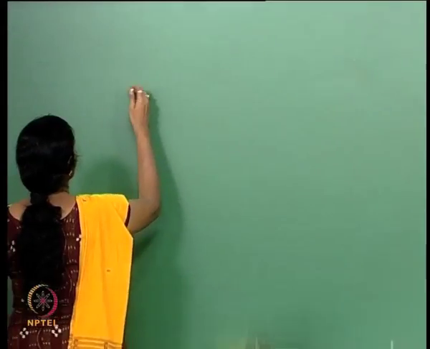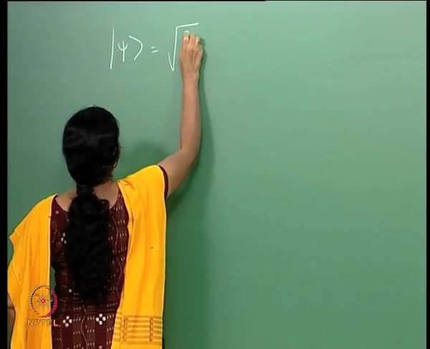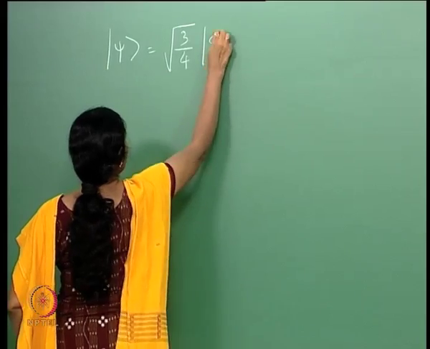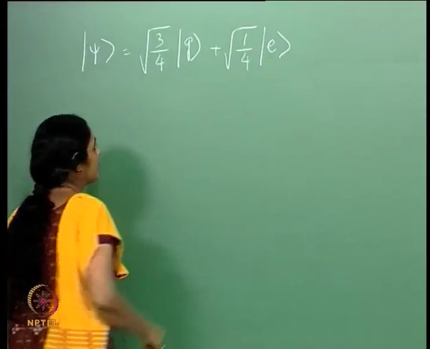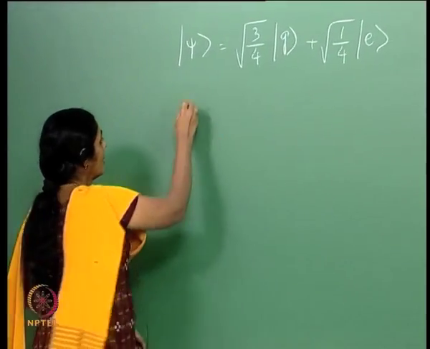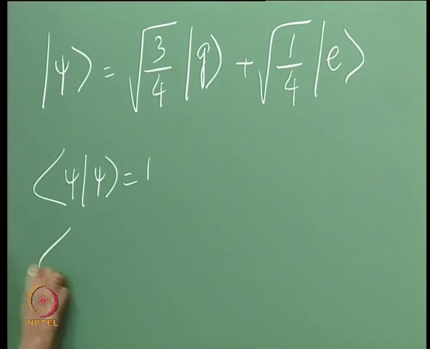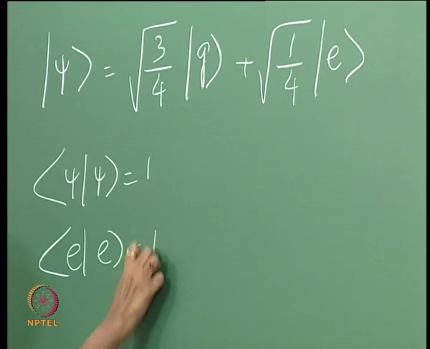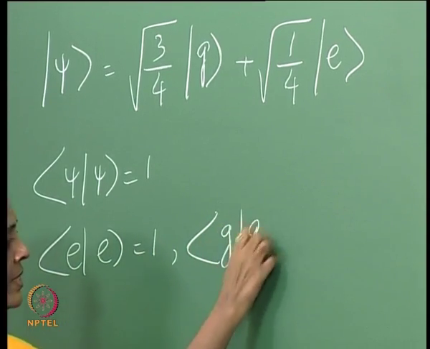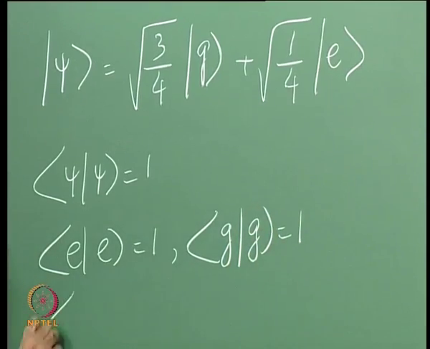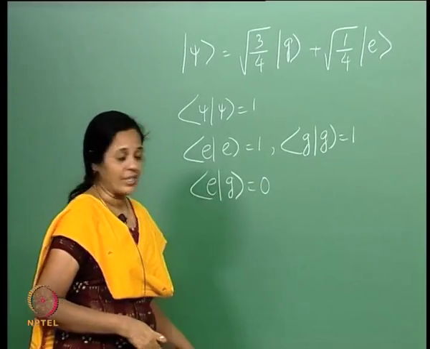On the other hand, let me consider a state psi which is root 3 by 4 ket g plus root 1 by 4 ket e. Of course, it is normalized to 1 because this inner product is 1, this inner product is also 1, and the state ket e is orthogonal to the state ket g.